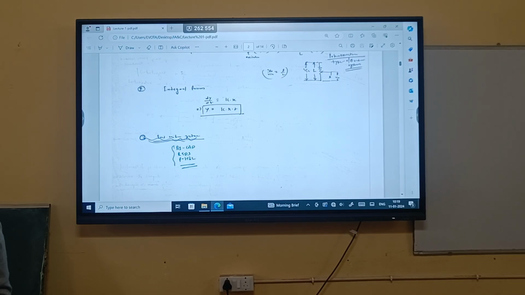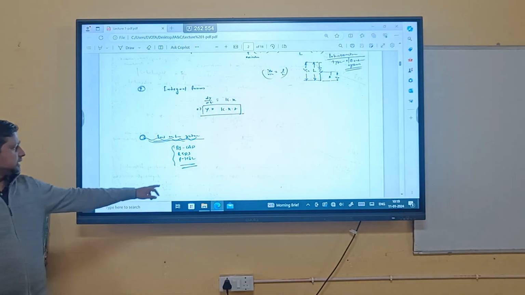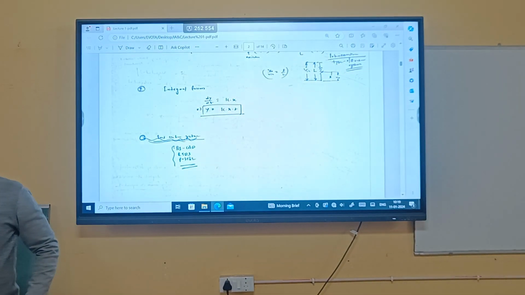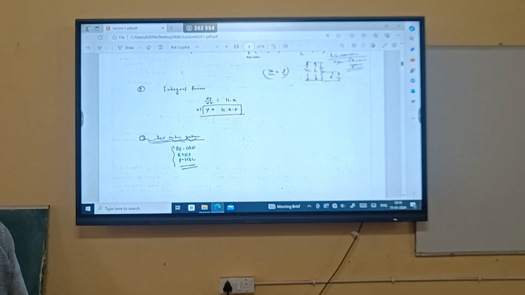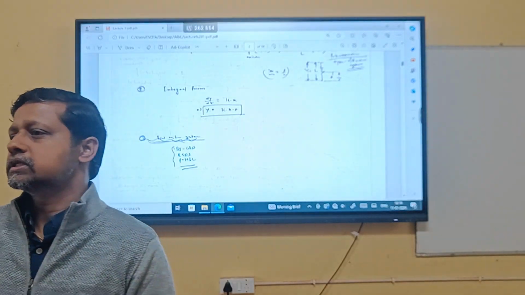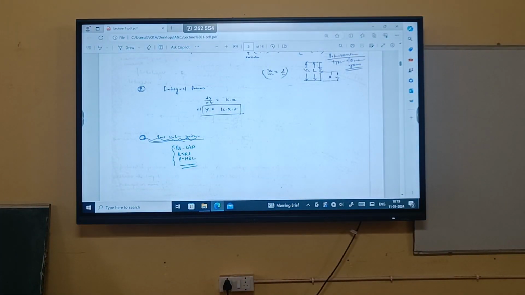Then we call it PHIL. HIL stands for hardware in loop, and PHIL stands for power hardware in loop. The P stands for the specific application related to power systems, because you are dealing with a high voltage and high current environment, so it is called PHIL.